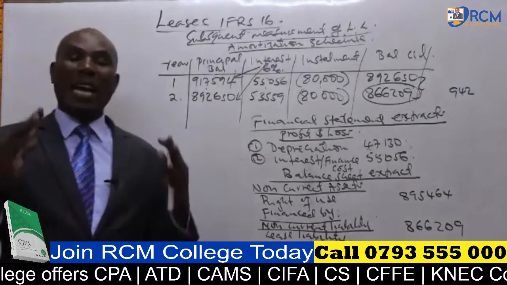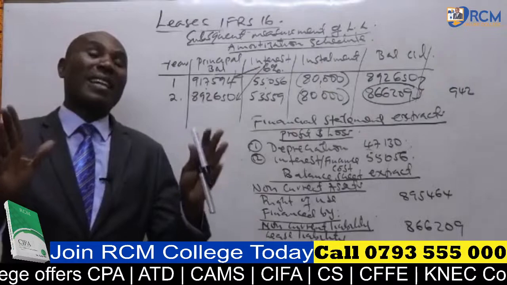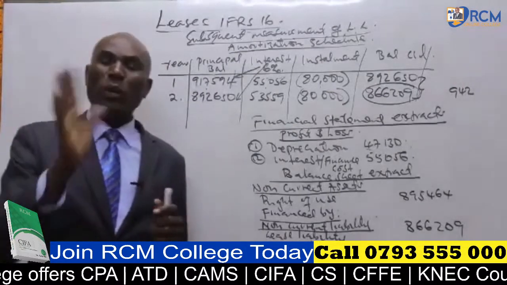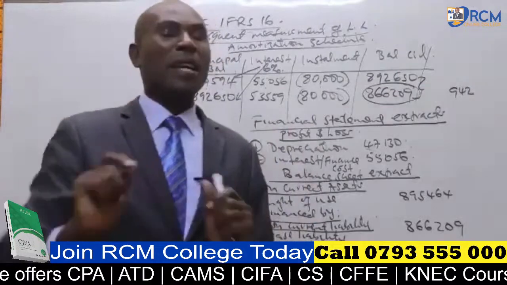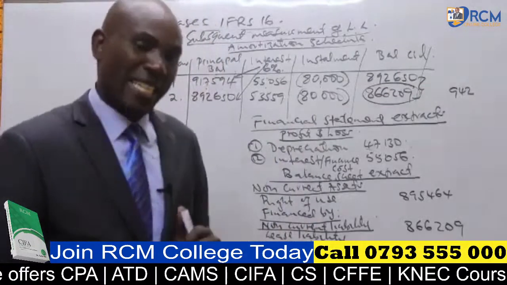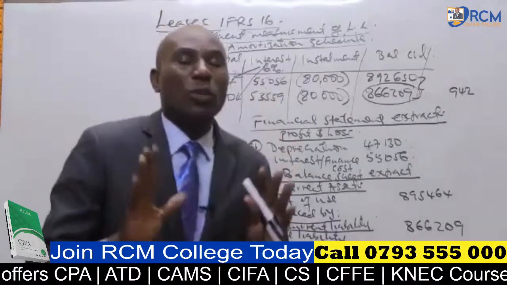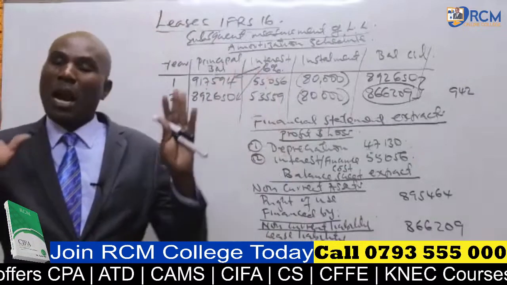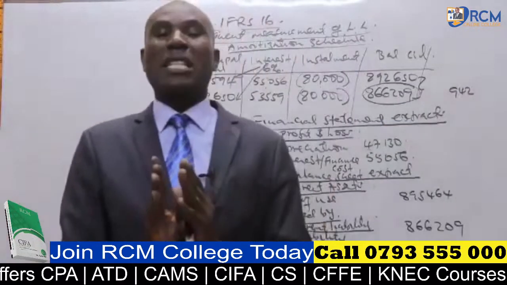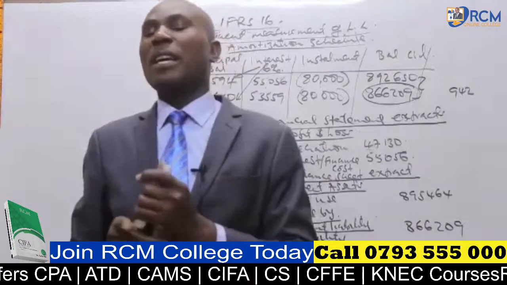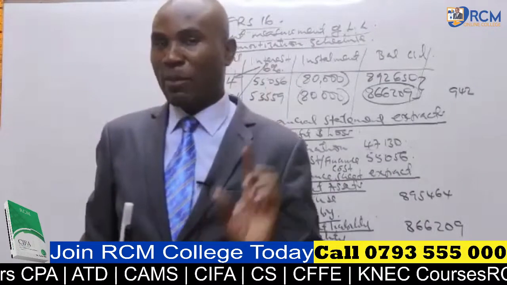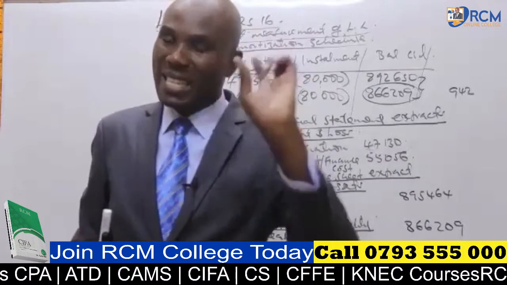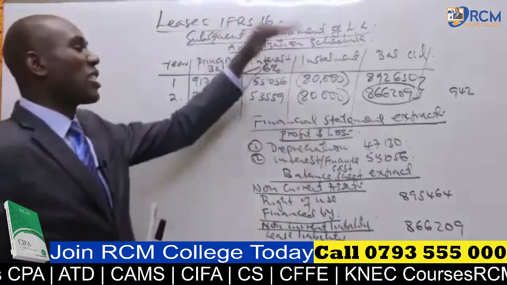That is according to IFRS 16. When we go to IFRS 9, you don't separate. But in IFRS 16, you separate between the current liability and the non-current liability. How do you separate? If payments are made in arrears, you prepare the schedule.